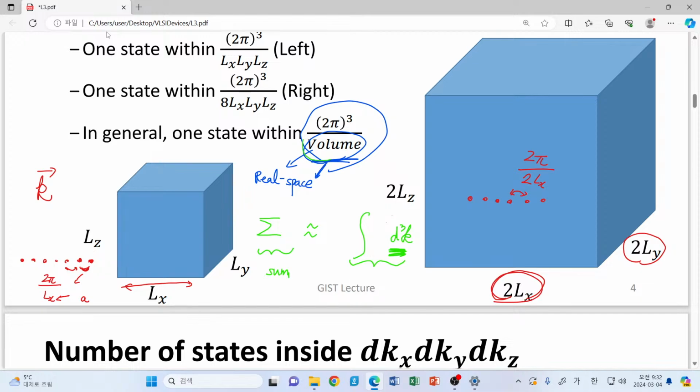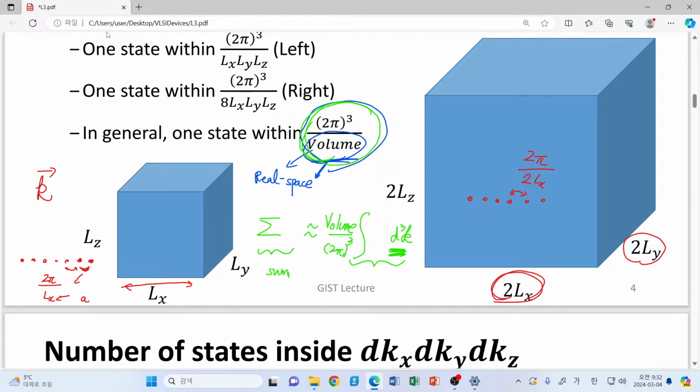So how can you do that? Since one electronic state takes this kind of volume, we can just normalize it by the volume over (2 pi)^3.